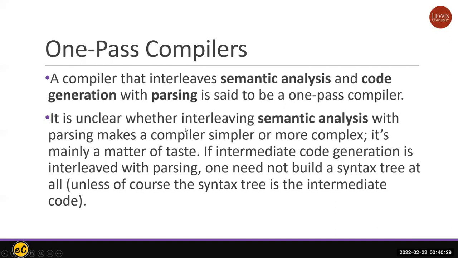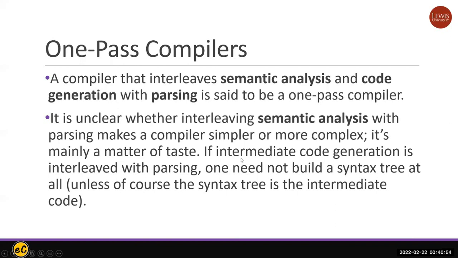And it is unclear whether interleaving semantic analysis with parsing makes a compiler simpler or more complicated. It's mainly a matter of taste. But usually a one-pass compiler is now only used for very simple languages. It actually is not really that efficient.